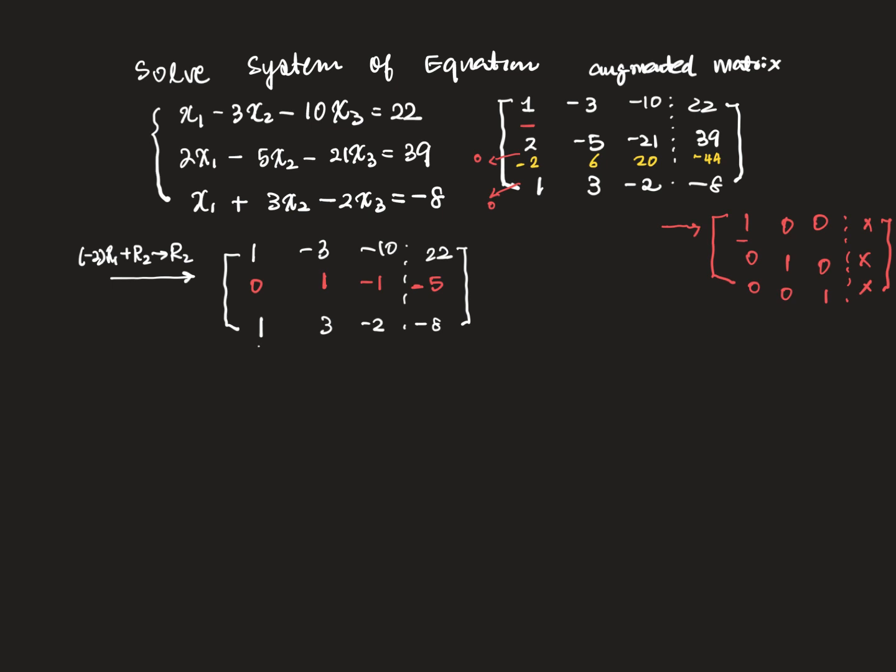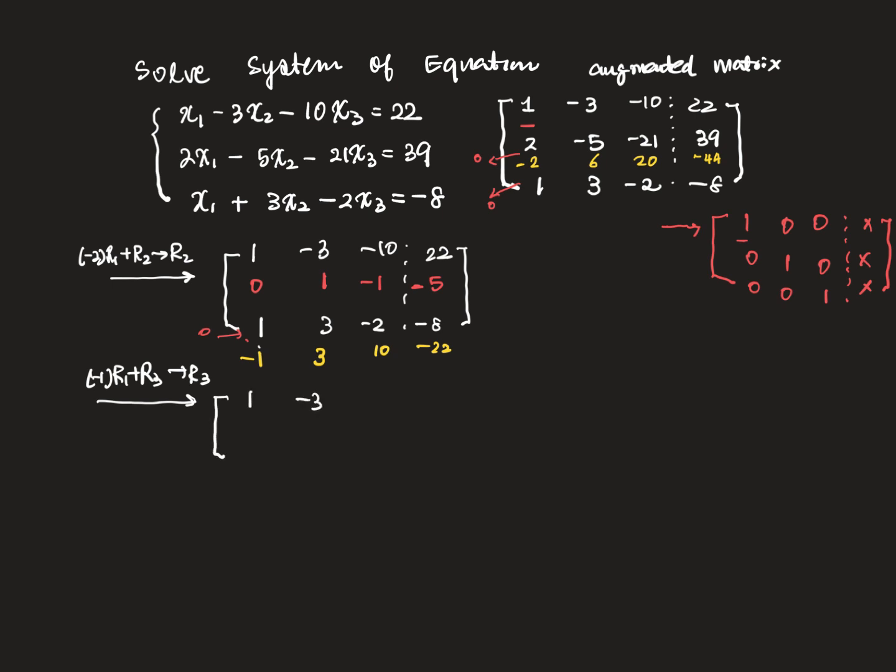So let's go to the next one. This one should be 0, guys. What operation do you have to do? Negative 1 R1 plus R3 goes to R3. So what do you write down here, guys? Negative 1, 3, 10, negative 22. Everything makes sense? So you add together.